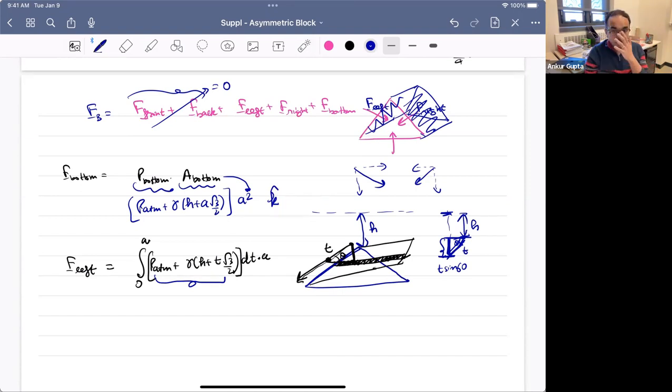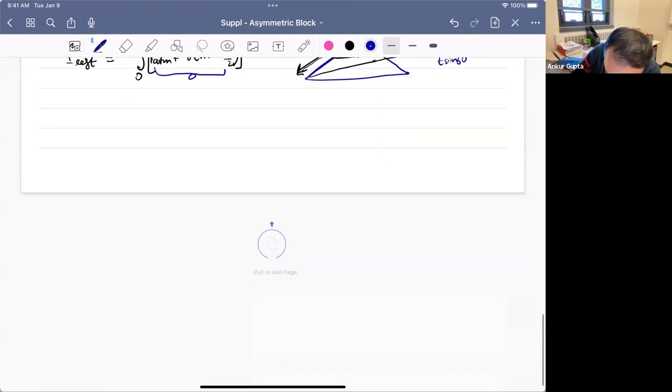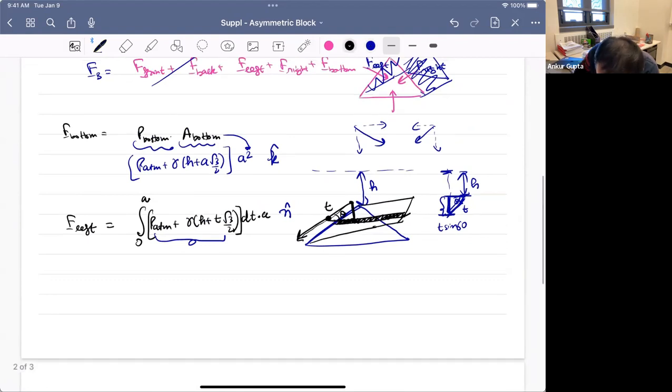I get this answer. But by the way, this is still not finished because I have not multiplied with the direction. I cannot just simply say the direction is inclined. The direction is some n cap, which we have not defined yet, so we'll discuss this in a second. First, I hope this is clear. Let's do the integration. We get P ATM times A square plus gamma times H into A square as well.